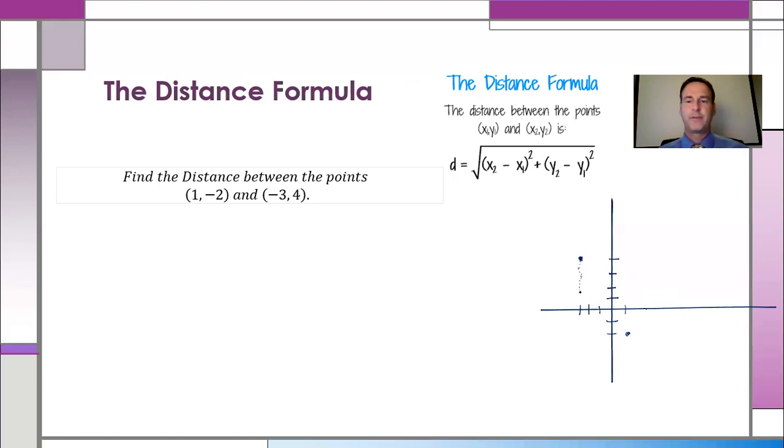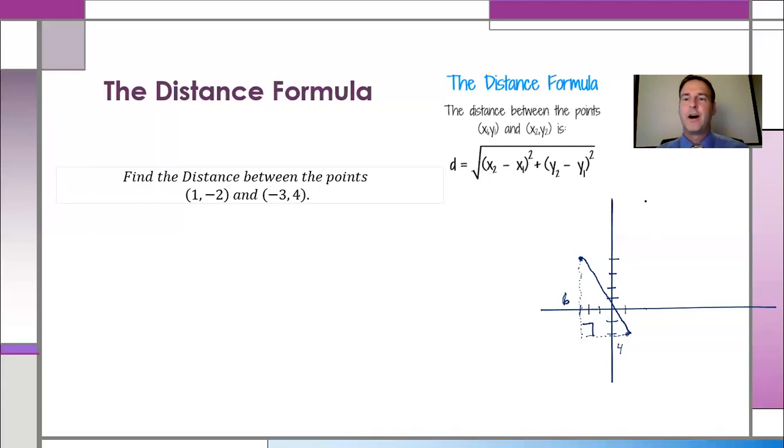Vertically, how much do I have to go down so that I'm finally even with my other coordinate? It looks like there's about 4 here and another 2 here, that looks like about 6. And if I go horizontally, this looks like about a distance of 4. That will give me an overall distance by using the Pythagorean theorem.